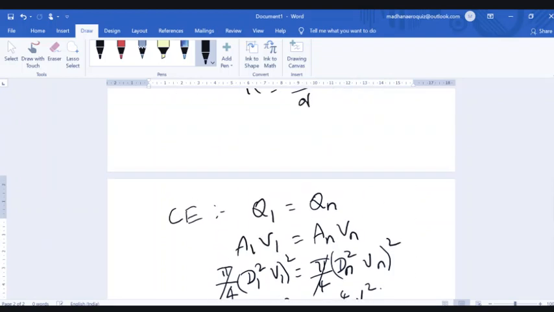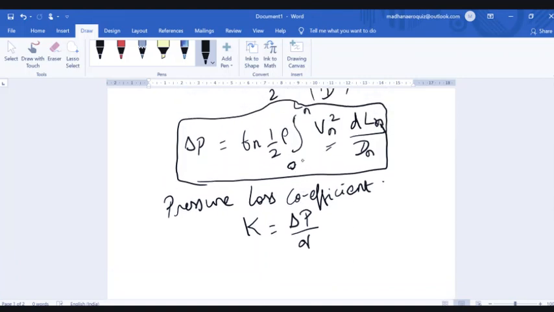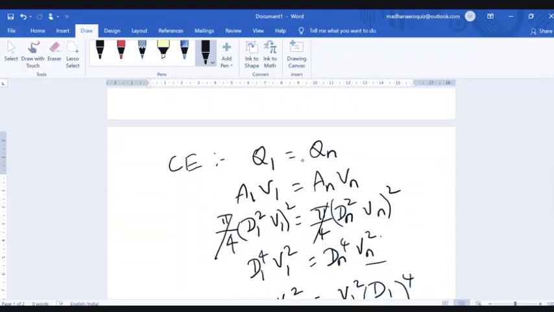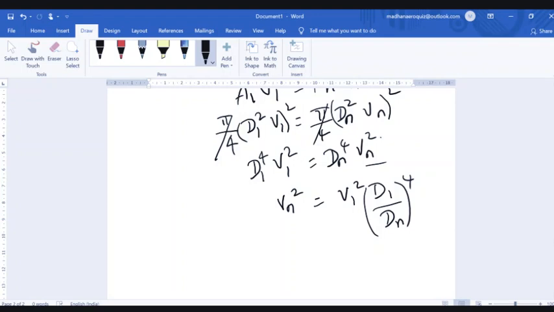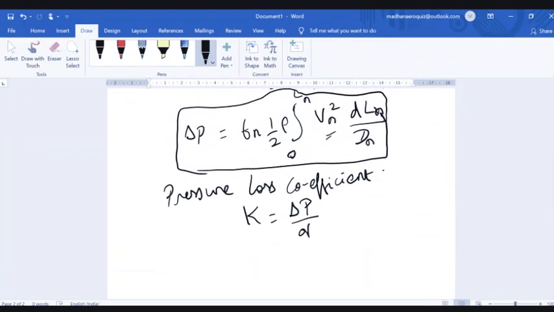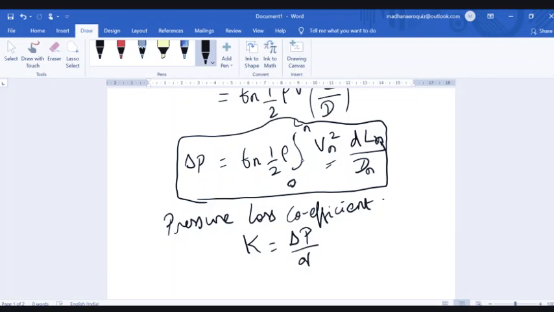Now we are going to substitute this step, that is, replace this Vn square in terms of this particular constant value. After substituting, again we have to simplify for the differentiation of Ln. Here it is a length varying section, and the diameter also varies, but the length varies in linear form.